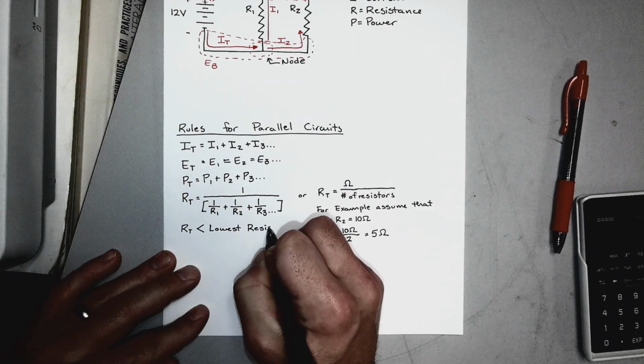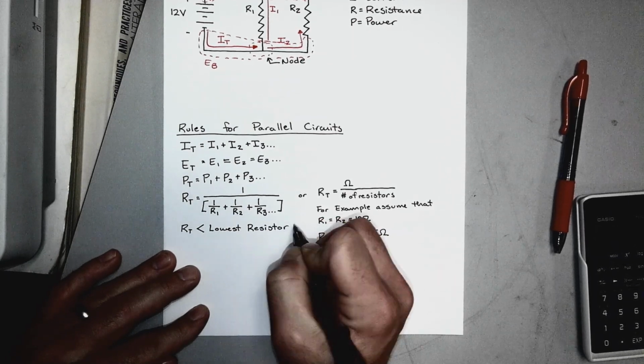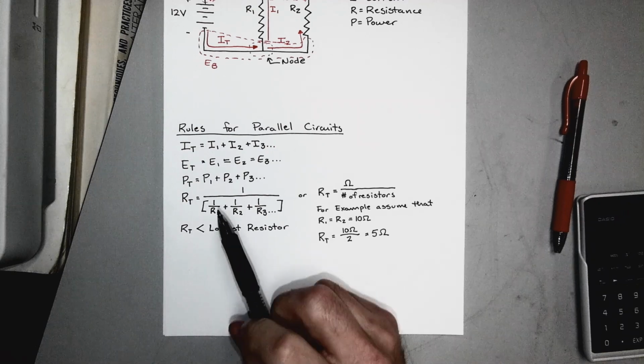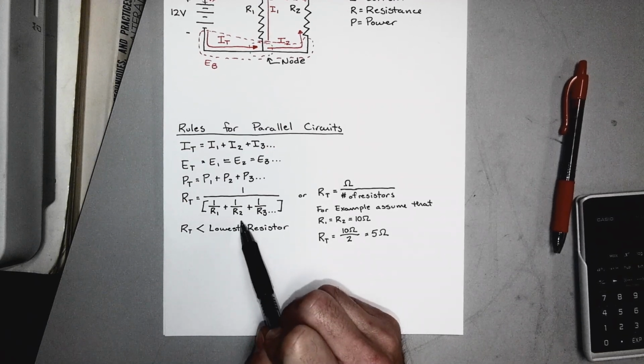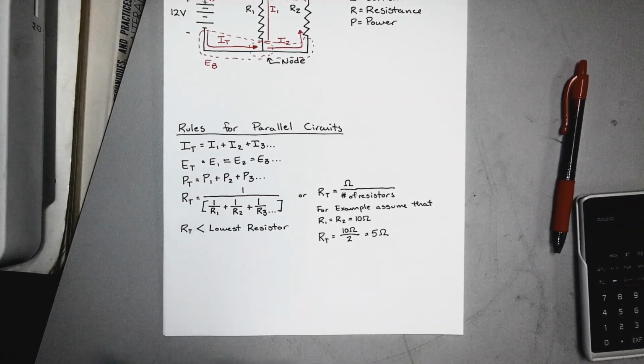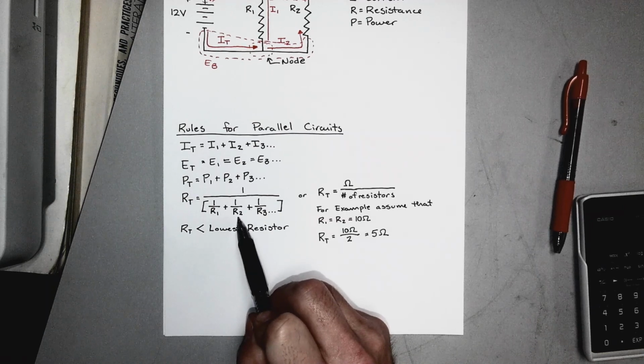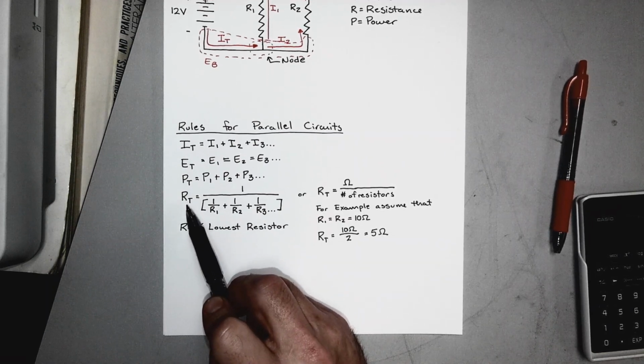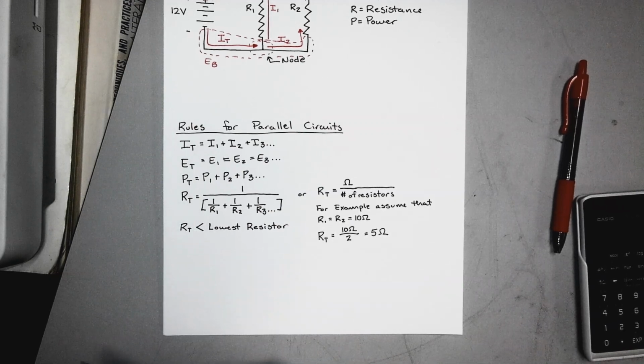Okay, so we can use this to check our work. Let's say the lowest resistor is R2, and R2 is 5 ohms, then we should be getting a resistance RT that is less than 5 ohms.